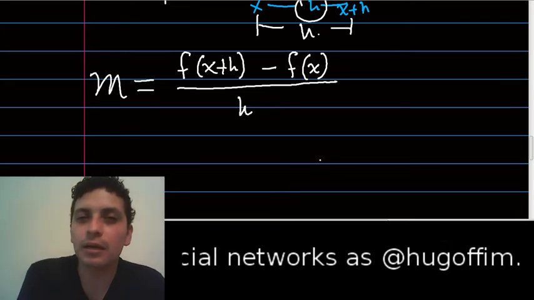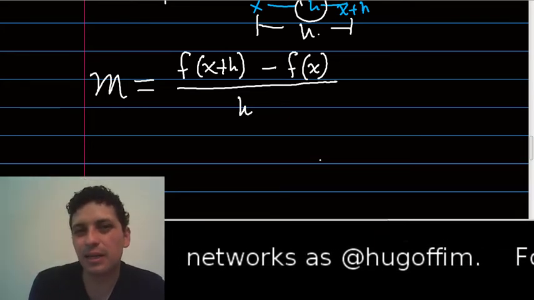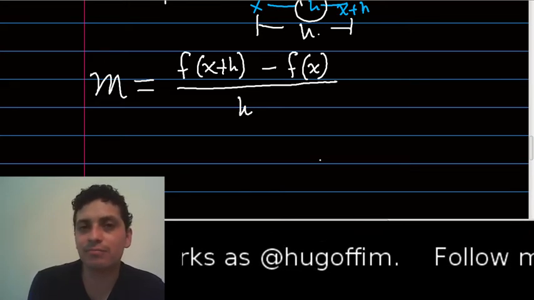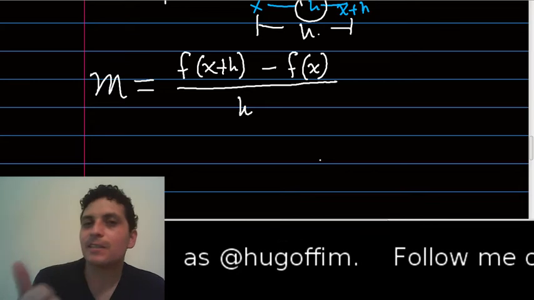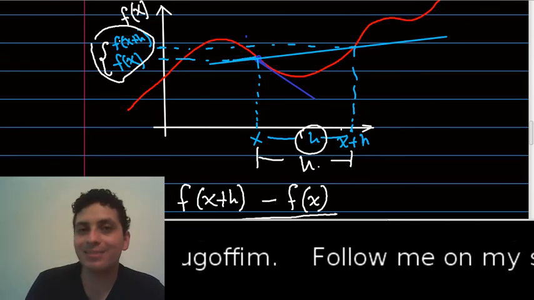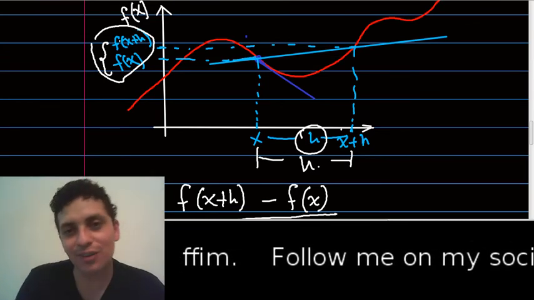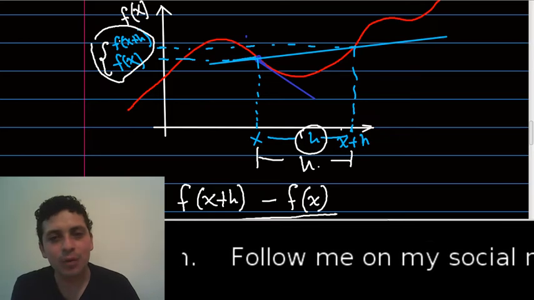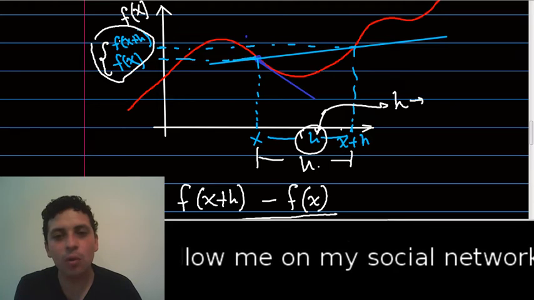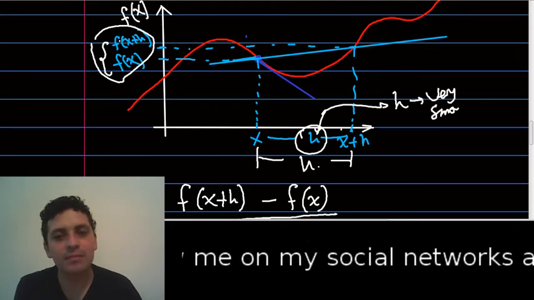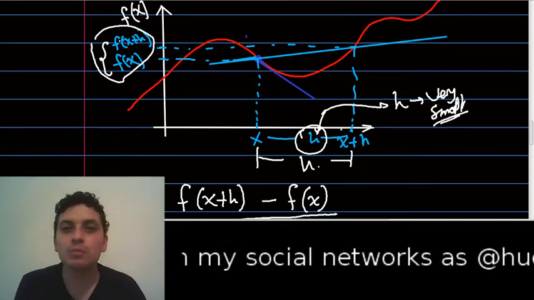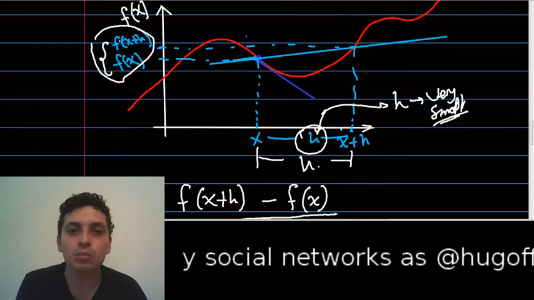Now you will say, okay, but this is the secant, and I want the tangent to learn how the function increases or decreases. So in this case, what we're going to do is approximate the secant to the tangent. How to do that? What we're going to do is change this h in order to make it very small.